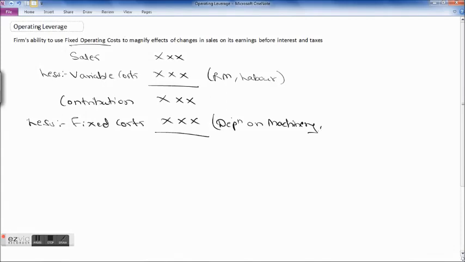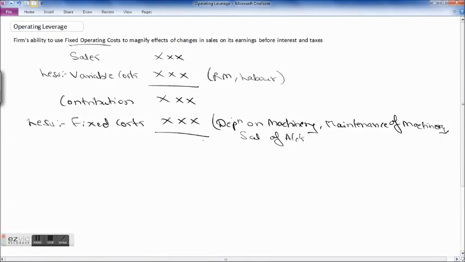Machinery will be depreciated irrespective of whether you produce the units or not. Then there will be some maintenance of machinery, then some salary of accounts, finance, HR.